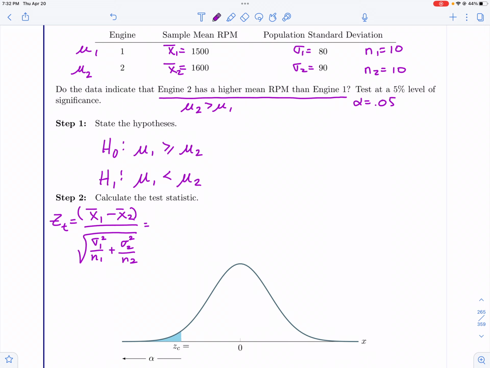So our x1 sample mean is 1500. Our x2 sample mean is 1600. Our 80 was our first standard deviation, squared, divided by 10, plus our second standard deviation, 90 squared, again, all divided by 10. And so we want to go ahead and type this in the calculator. We do want to be careful how we type this in the calculator, so I'm going to demonstrate it to make sure we get it right, because it's easy to make a little mistake here.